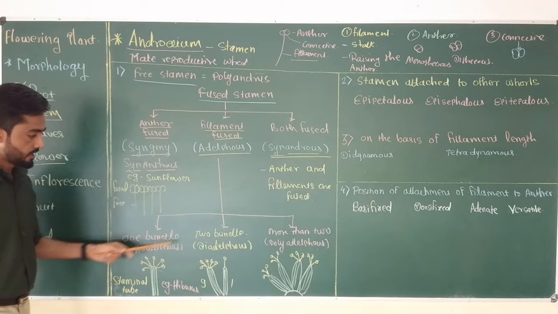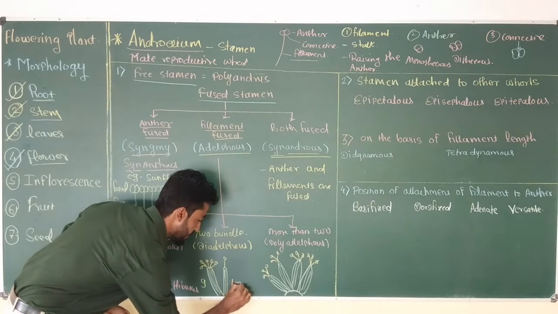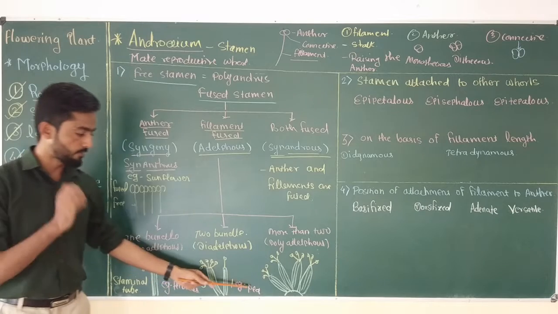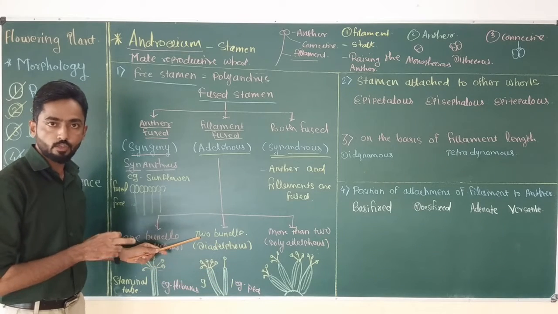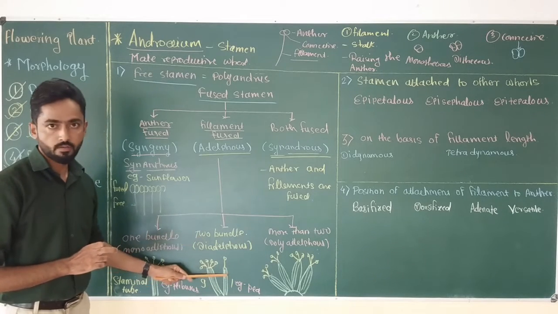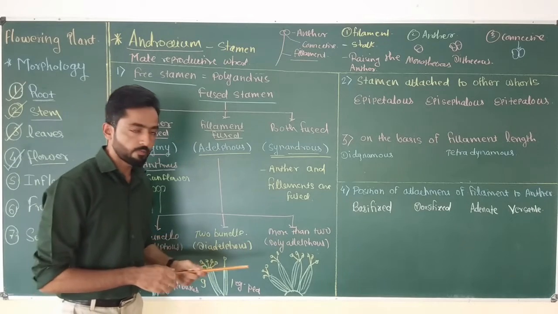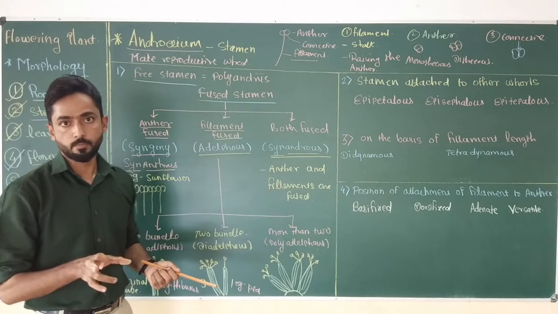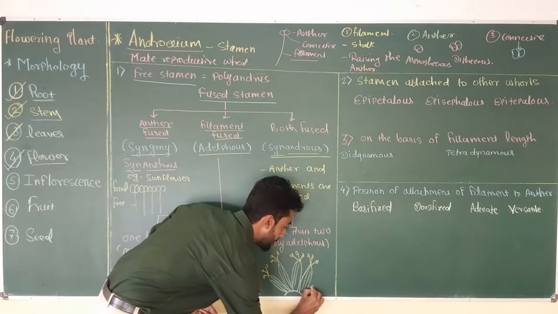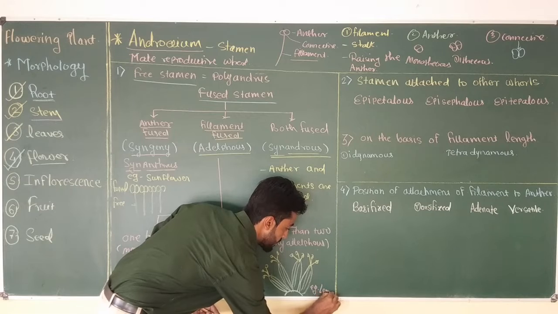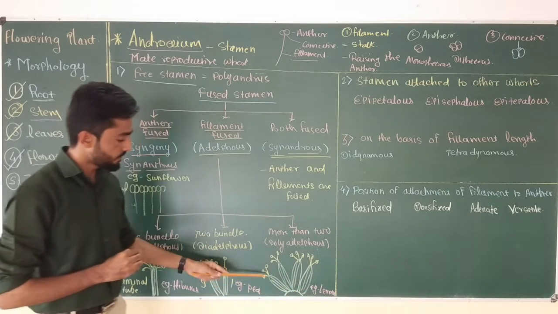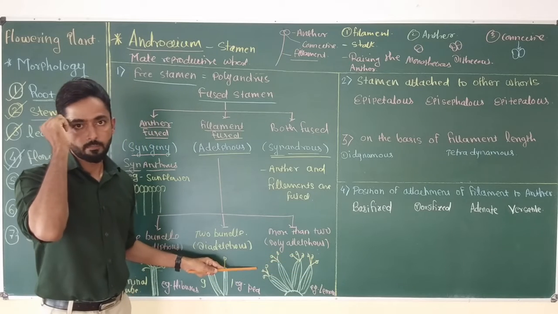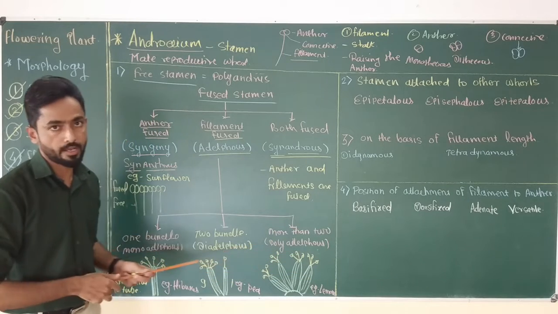Then diadelphous arrangement is observed in pea plants. All the pea plants have flowers which show 2 bundles of the filaments while anthers are free. Then polyadelphous arrangement is observed in all types of citrus plants. An example is lemon. If we observe the flower of the lemon plant, we can find different staminal tubes and anthers are free. So it is called polyadelphous.